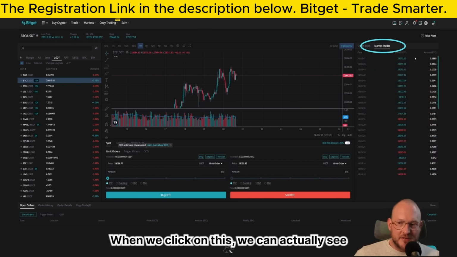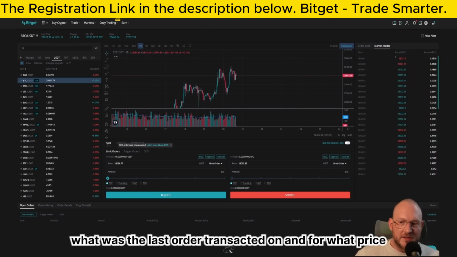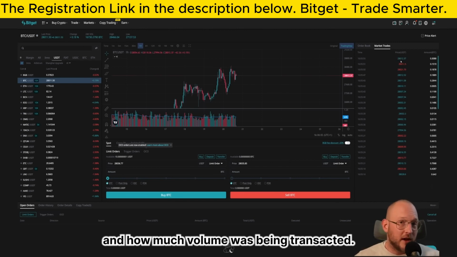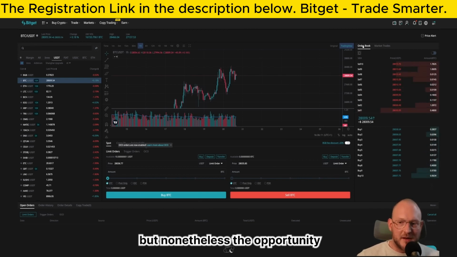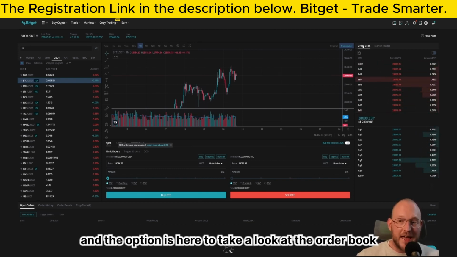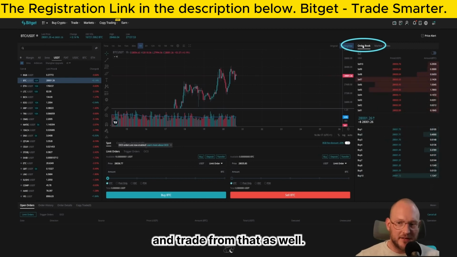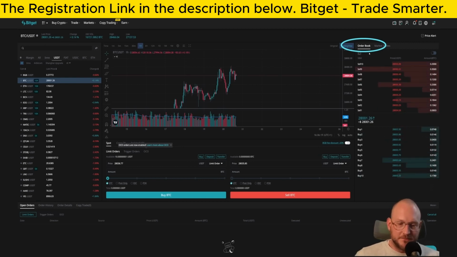When we click on this, we can see what the last order transacted was, for what price and how much volume. Not going to lie, this is already more for the advanced trader, but nonetheless the option is here to take a look at the order book and trade from that as well.